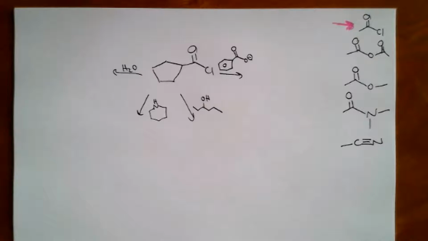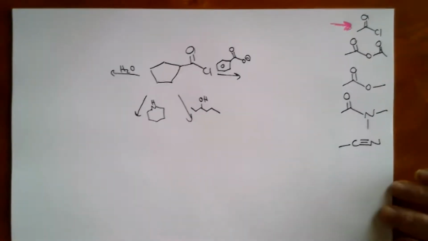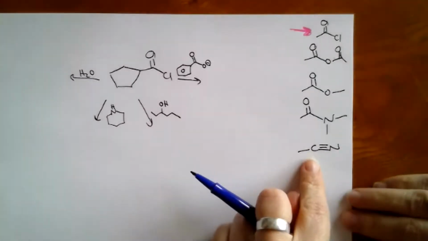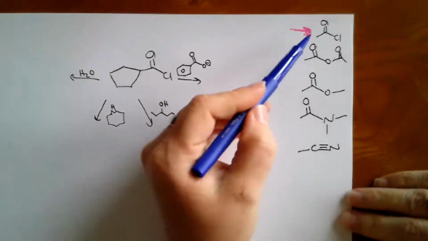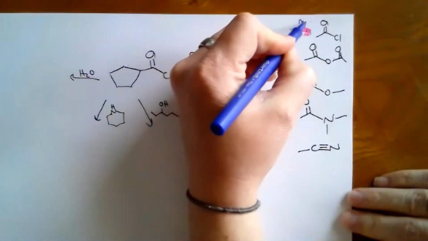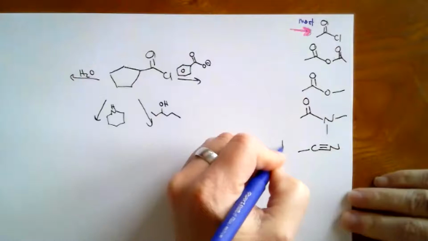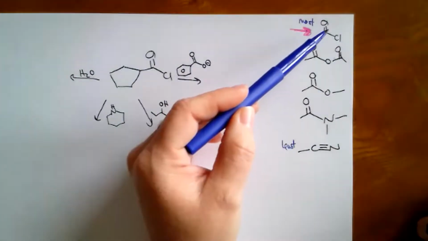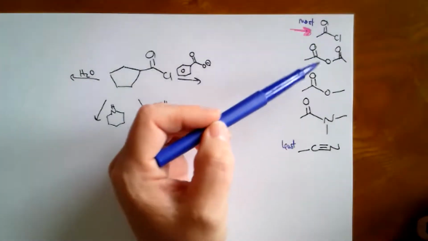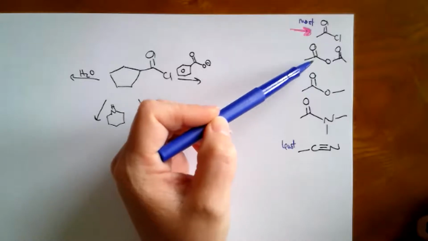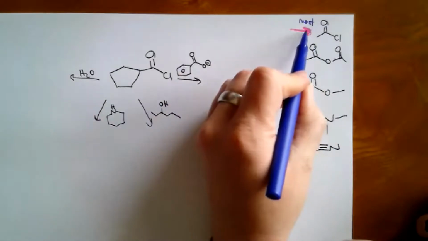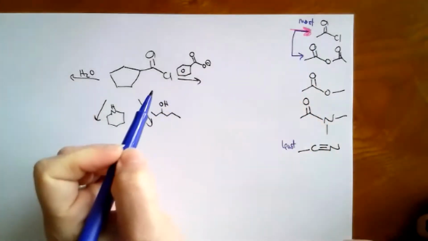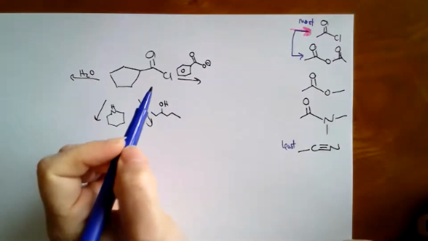Before we get too far down the path of starting to react these things, let me talk to you about this list. The reason this list is this way is we wrote it from most reactive to least reactive derivative. A more reactive derivative can be turned into a less reactive derivative directly, meaning an acid chloride can be turned into an anhydride through a direct reaction.